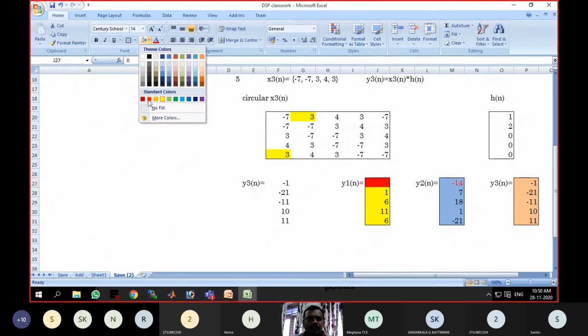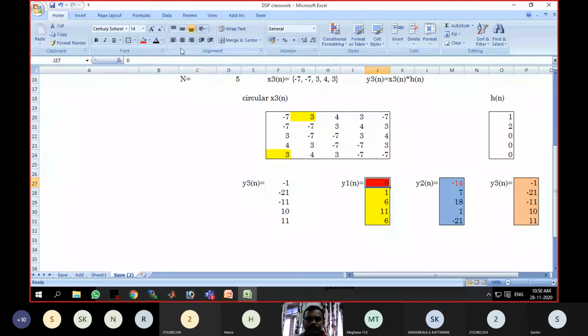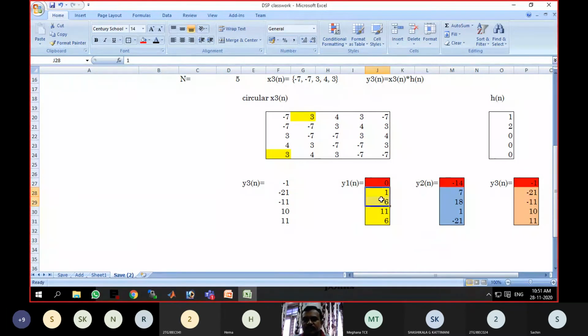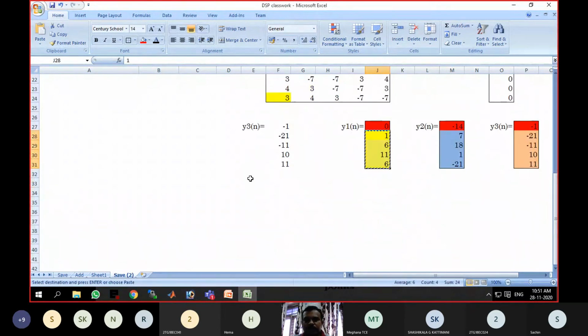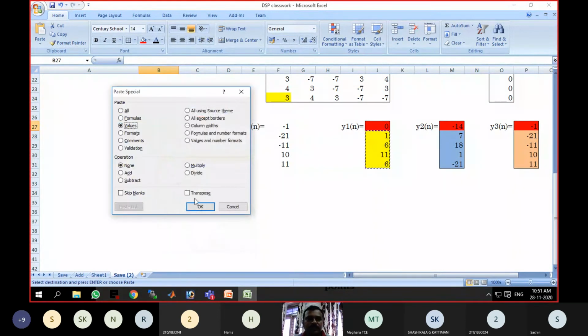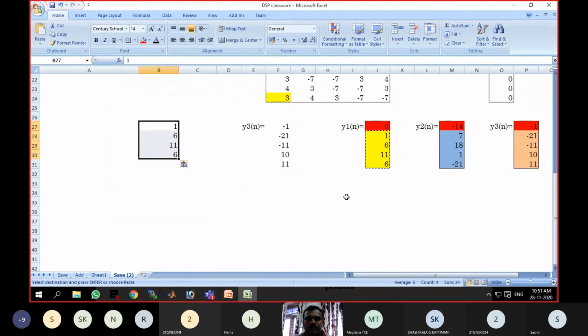I need to discard this one, and I need to discard this one. So overall answer is what? According to this step, by discarding, we need to consider only the L elements from each y. So the L elements are this one. So finally, the y of n is this one.